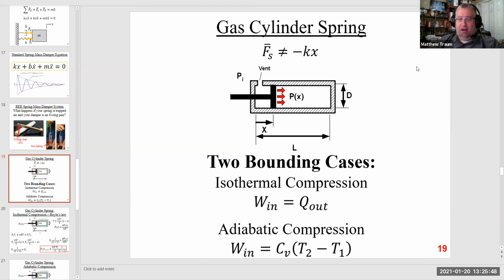It's not a linear spring that follows Hooke's law. It's something else, and that something else is governed by thermodynamics. As we'll see in a second, until we can run some experiments, we don't know precisely what the behavior of this gas cylinder spring is going to be, but we can bound it by two extreme situations.